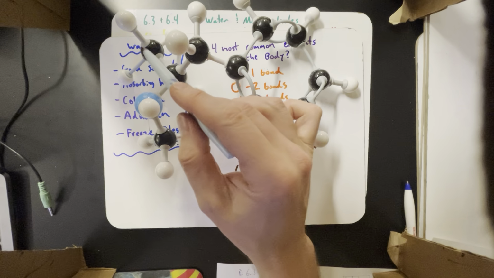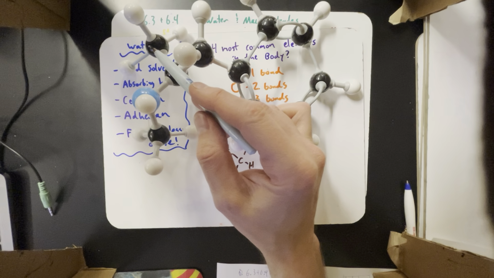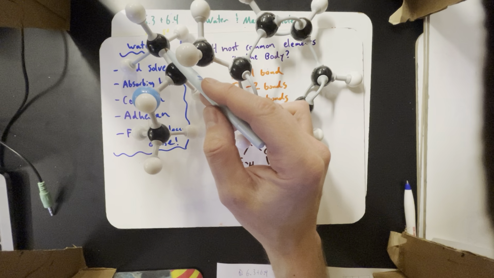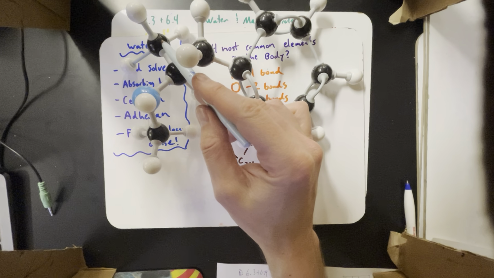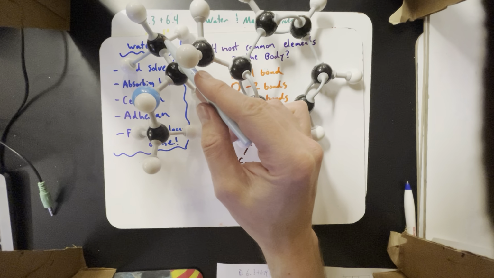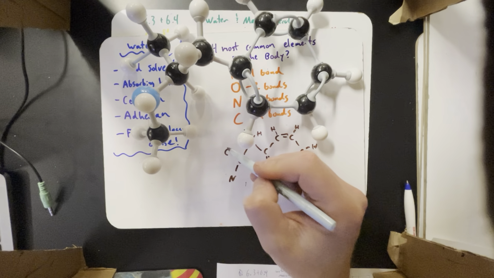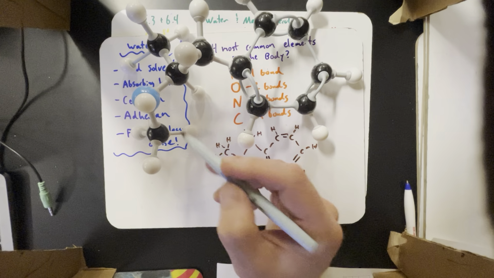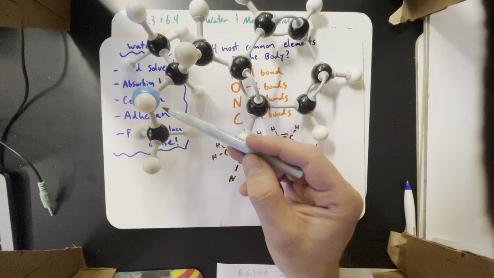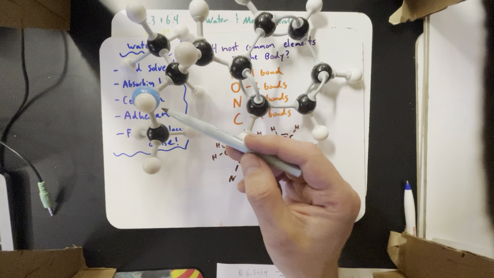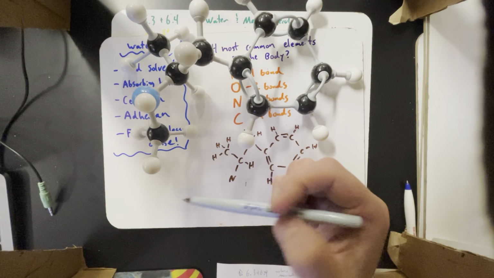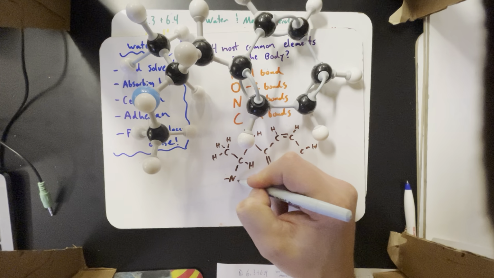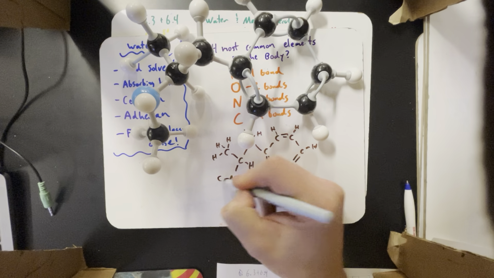What's attached to that carbon? A little hard to see. What's attached to this carbon? 3 hydrogens. 1, 2, 3. And then the nitrogen, what's attached to the nitrogen? 1 carbon and hydrogen.